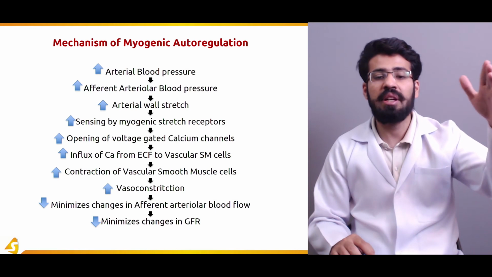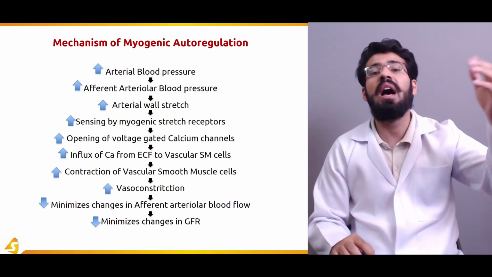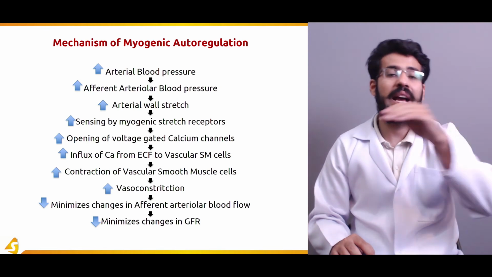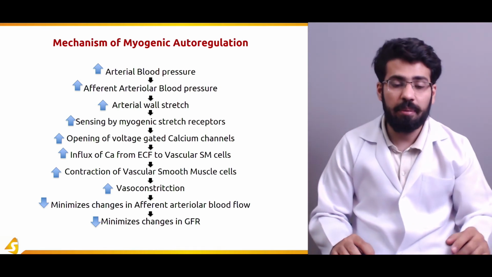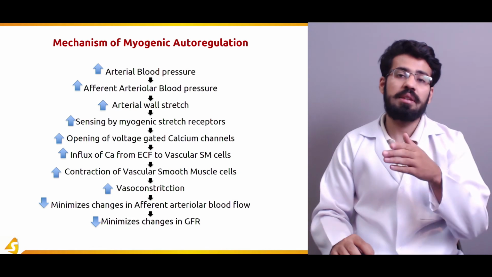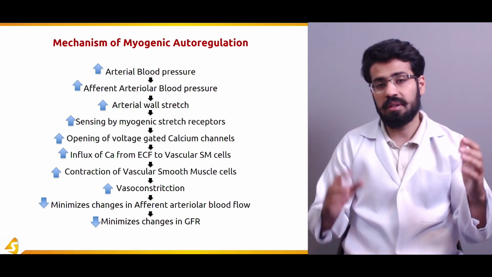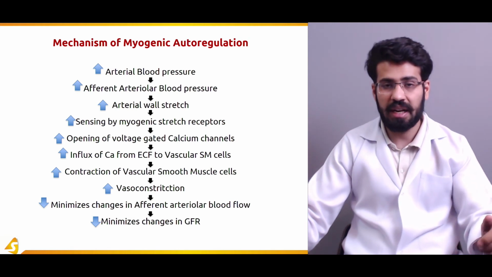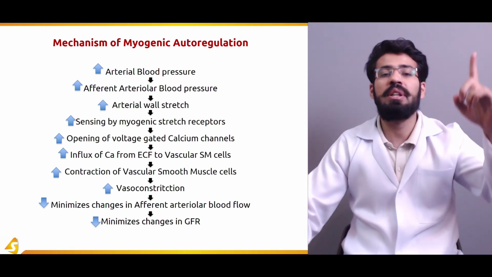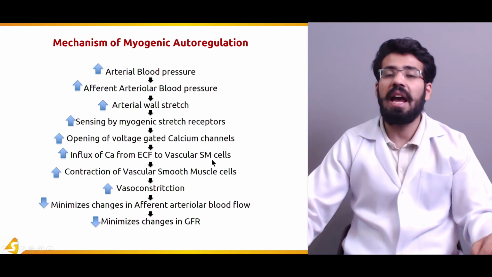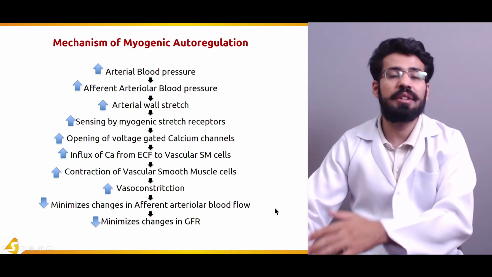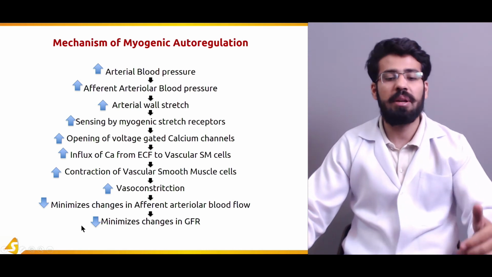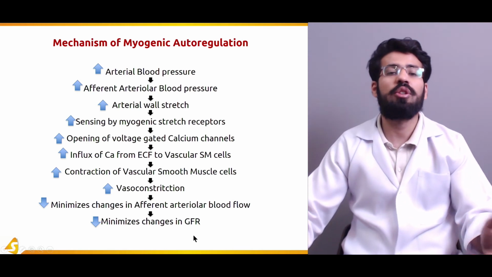Because the arterial blood pressure has increased, this would have increased the glomerular filtration rate, but that rate had to be stabilized. So there was the influx of calcium from the extracellular fluid, which causes vasoconstriction, and that pressure decreases. The arterial pressure, which was initially increased, was decreased, the changes to the afferent arteriolar blood flow were minimized, and this ultimately minimized the changes in the glomerular filtration rate.